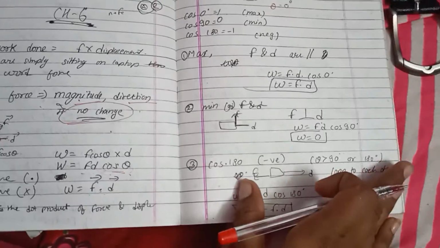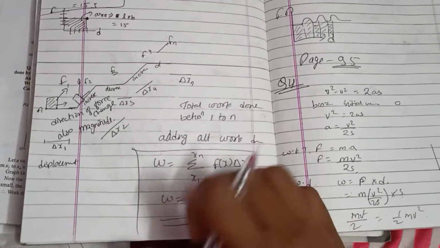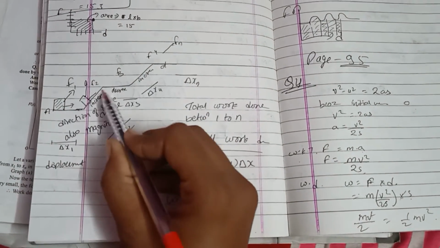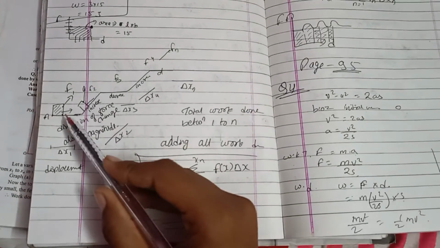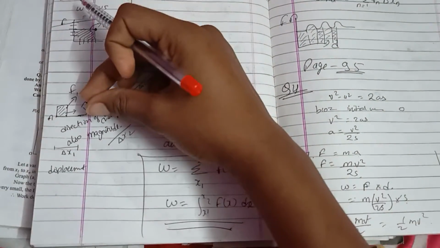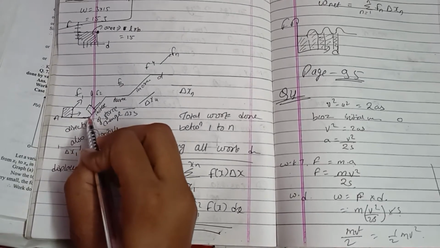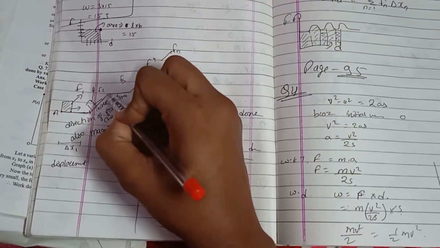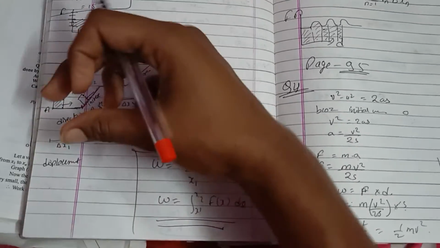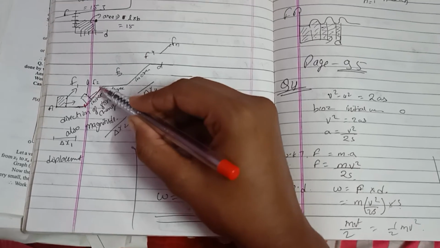Now work done by a variable force. Suppose a stair-like surface is there and an object of mass m is placed, and force F1 is applied so the object will start moving up to this point. But what if I have to displace this object on this inclined plane? I have to increase my force, then only it will displace.